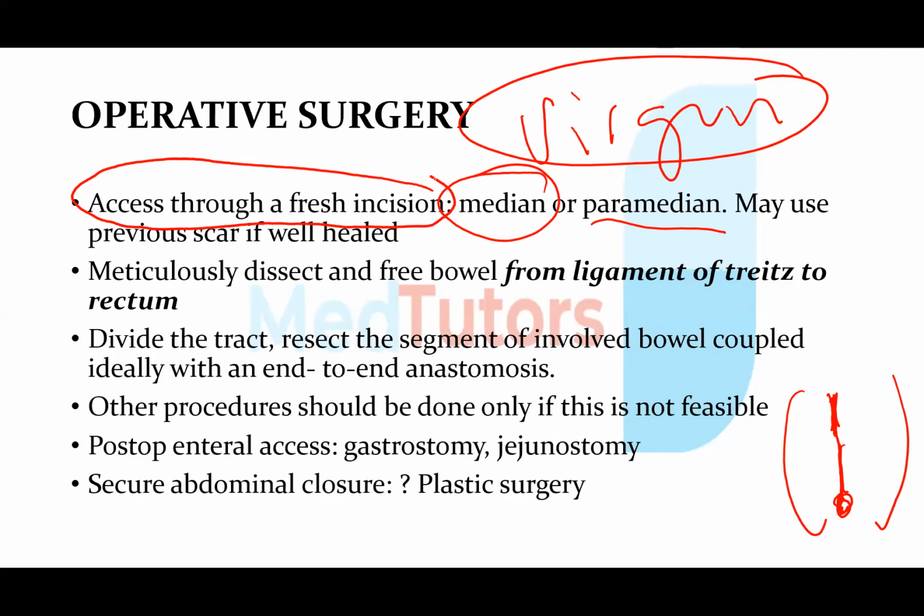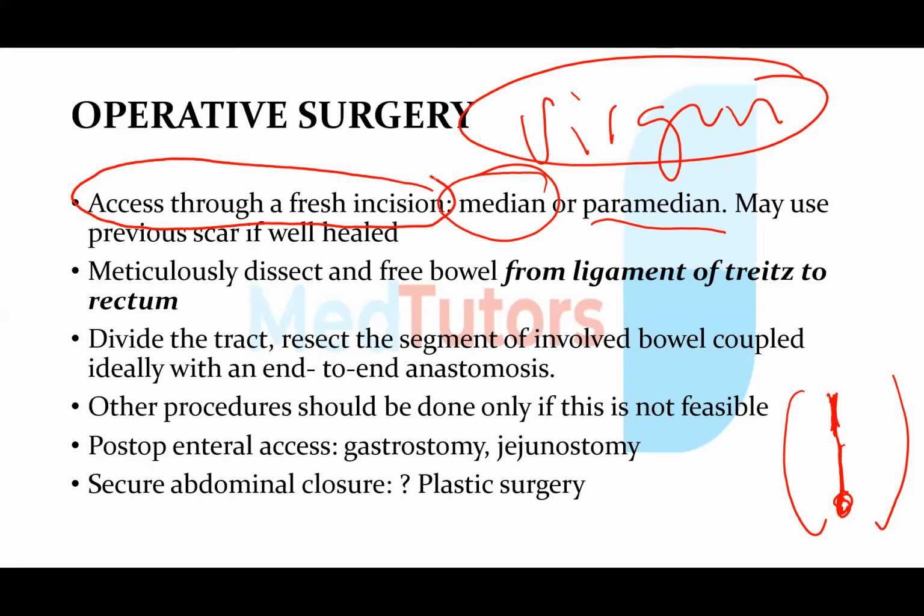So, generally the principles of operating the abdomen: number one is adequate exposure. And to get adequate exposure you have to go through an appropriate incision for access, okay? Then you have to mobilize the bowel.